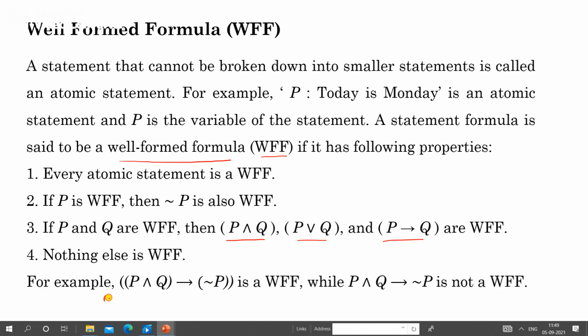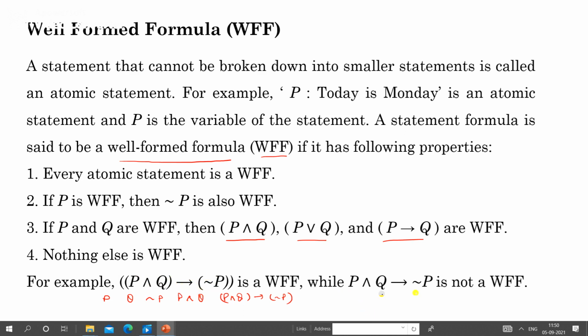Then you have to find P and Q. Then you have to find the conditional: P and Q implies negation P. So no doubt is there. It means you can calculate this as one part, this as one part, then finally you will find the conditional of these two. It means no confusion is there. So that's why it is a well-formed formula.